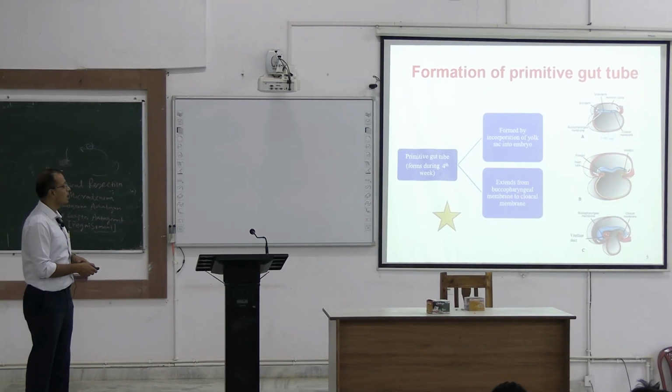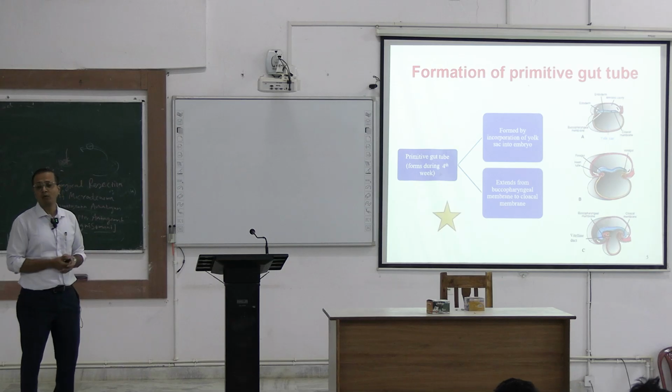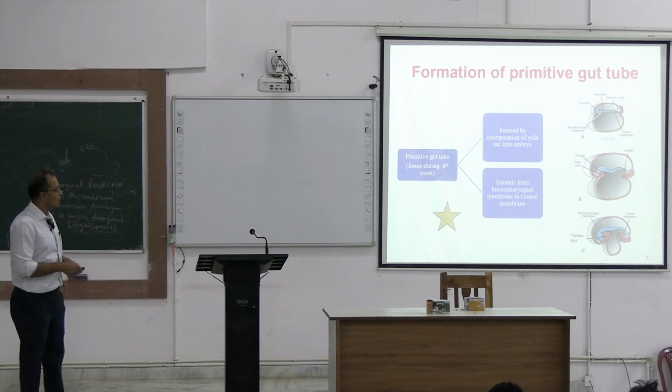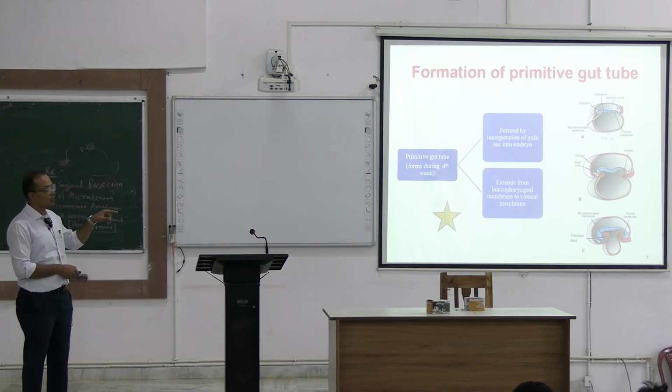Now, afterwards what happens, a lateral fold or lateral bend starts in. As this lateral bend folds in, the yolk sac slowly gets into this germ disc, and gradually takes the shape of a tube and slowly gets absorbed into this.